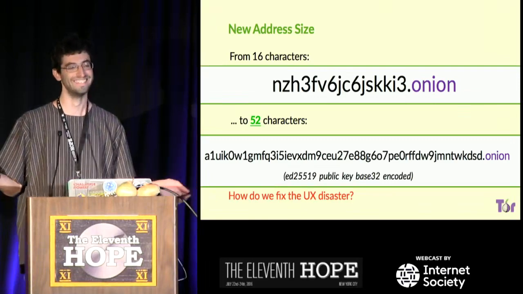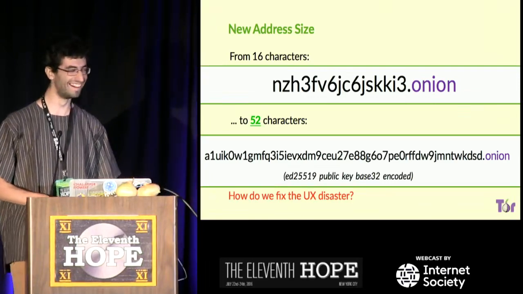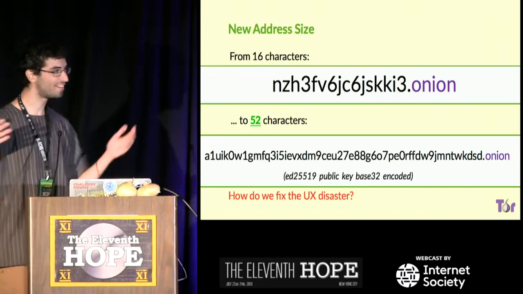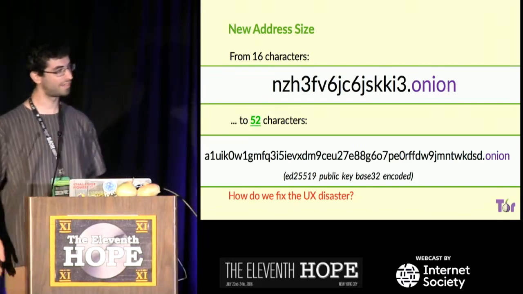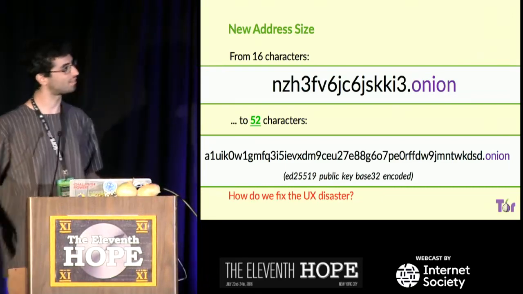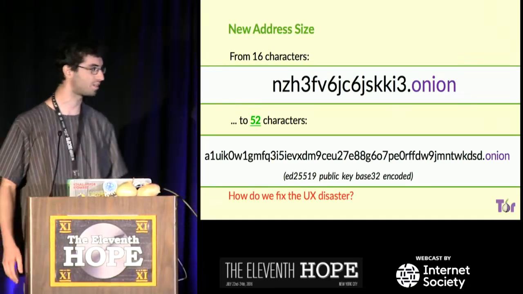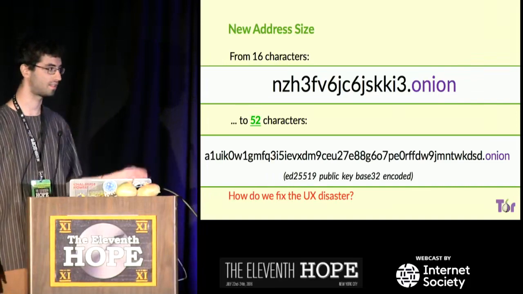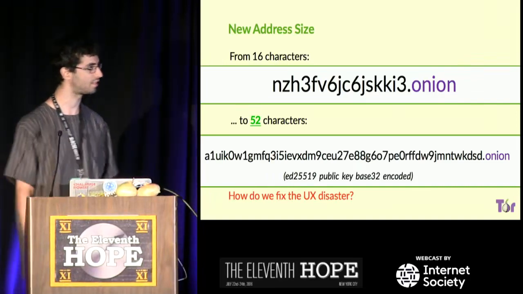But there is no clear path to bring it down to something human readable like 16 or something. We don't know. This is one of the UX things that we need to figure out for the next version.